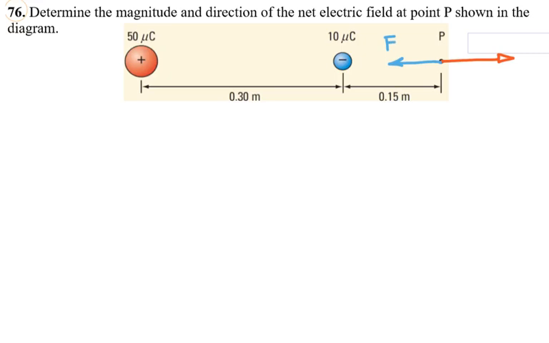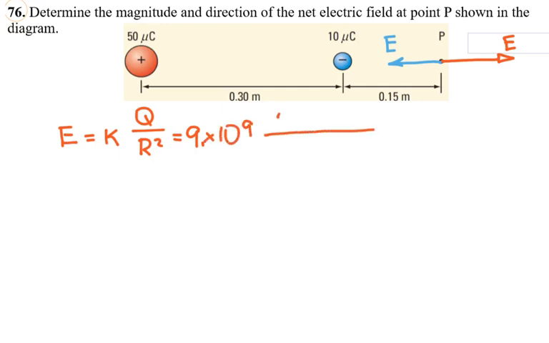So I have this electric field, and I have this electric field, and I'm going to calculate the resultant. At first I'm going to find this electric field. It's the electric field of the source, so the formula is K, the charge of the source, over the distance squared. K is 10^9.